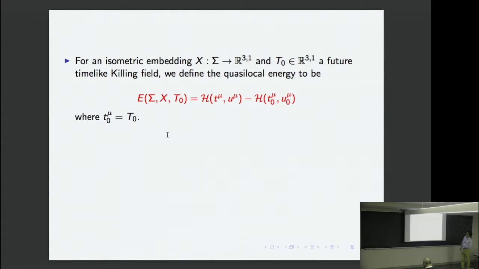And how do I choose this T mu and U mu? So these two are going to be vector fields.